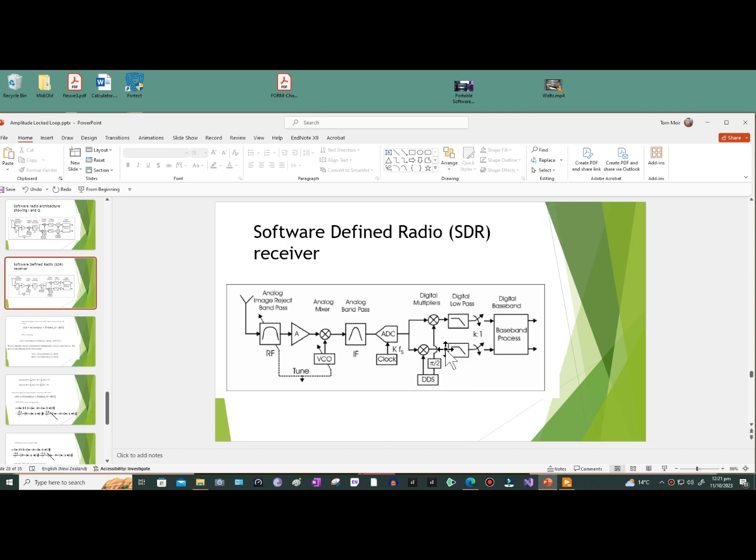Let's say this one would be the in-phase, this one would be quadrature because it's 90 degrees shifted. So you're multiplying by cos and sine effectively here. And then in here you need some formula to demodulate, and then you shove it out the digital to analog converter. So that would be one way to do it, and I'll talk about another way in a second, but let's look at this first.